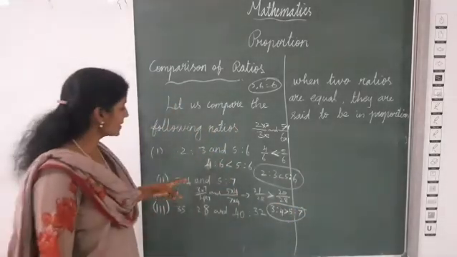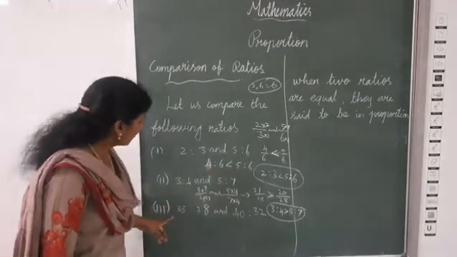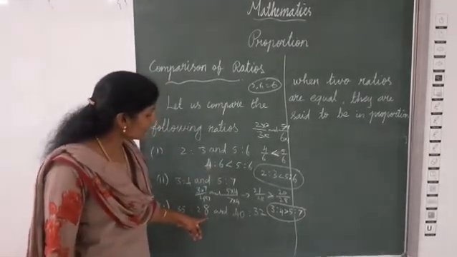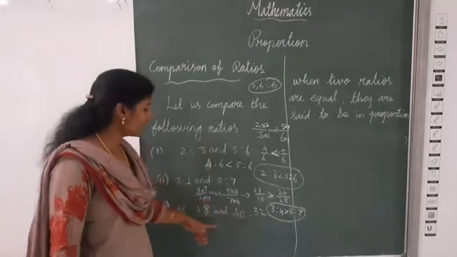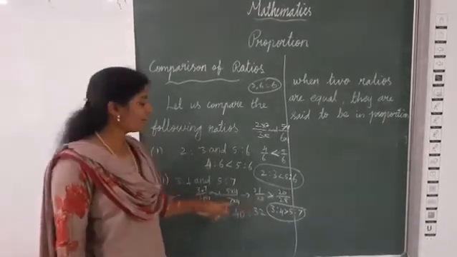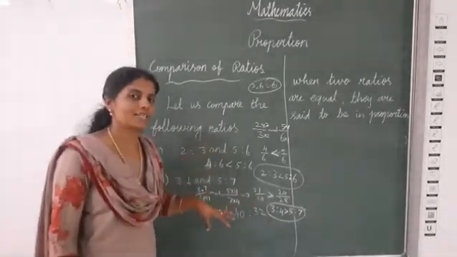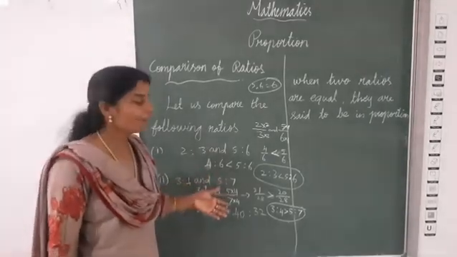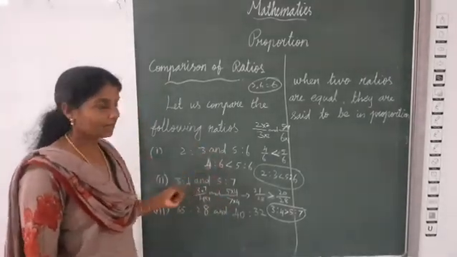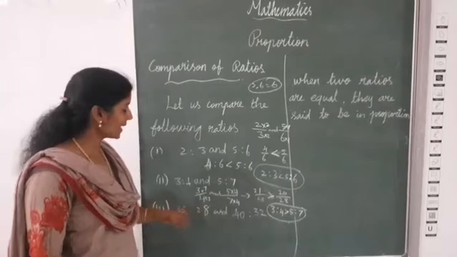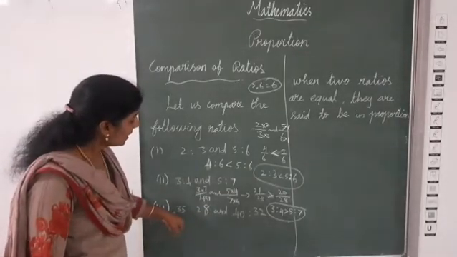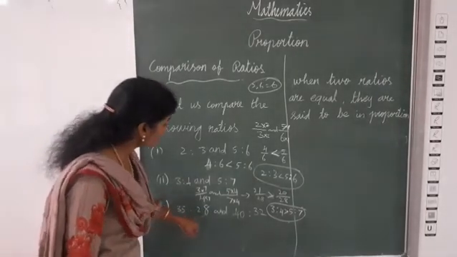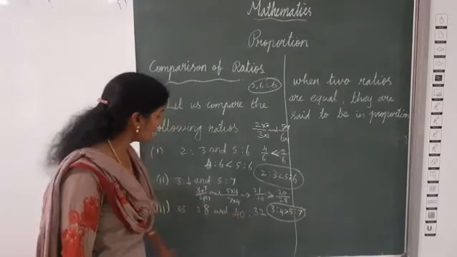Okay, this is the second ratio. Now, the third one, 35:28 and 40:32. We can compare like this: first write in fraction form, then take the LCM, then compare the numerators, and we get the greatest ratio. Now here 35:28 and 40:32.